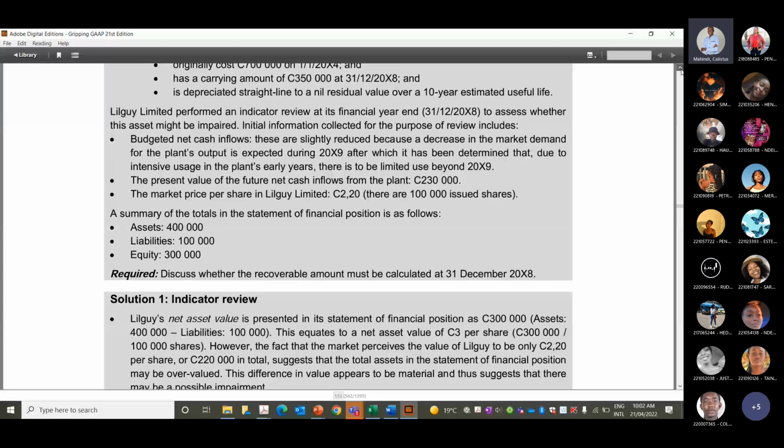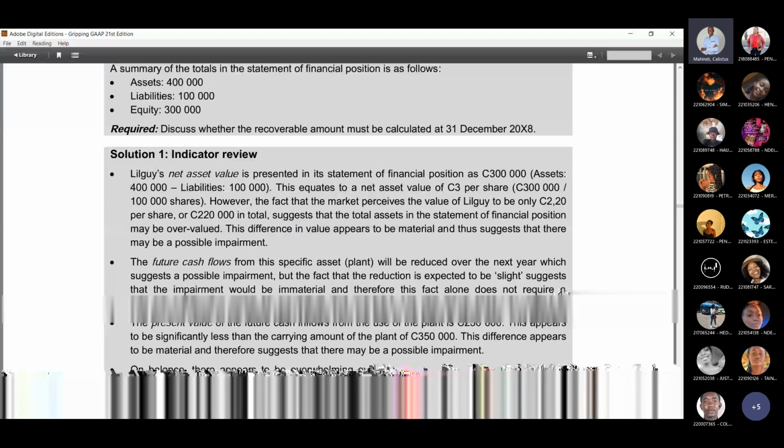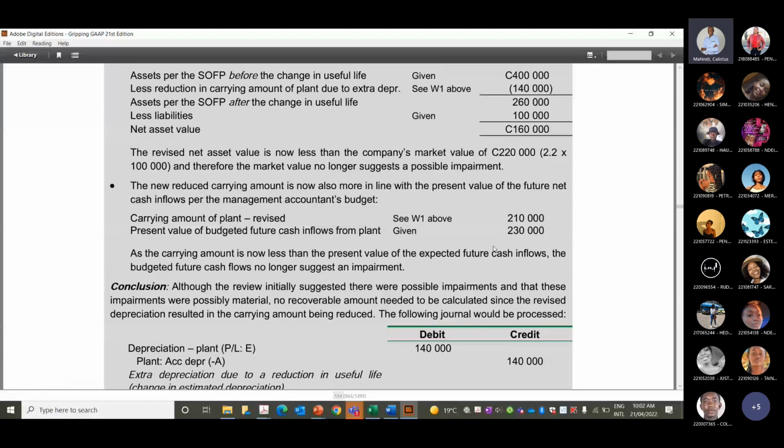The present value of the future cash flows is 230,000. So the present value of the cash flows is actually higher than the revised carrying amount. All right. So that also suggests that there is no impairment.